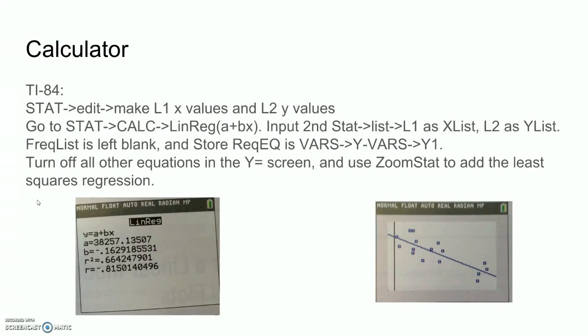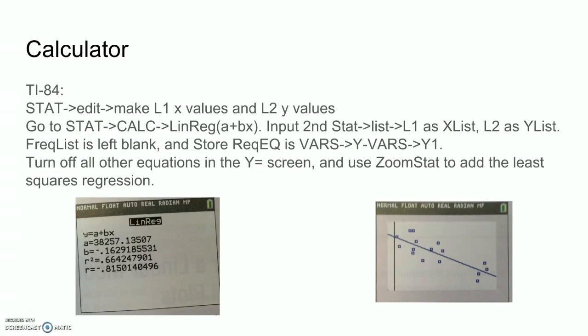To use the TI-84 calculator to calculate a linear regression line from a dataset, first go to Stat, Edit, and then make L1 the x values and L2 the y values. Then go to Stat, Calc, Linear Regression A plus Bx.